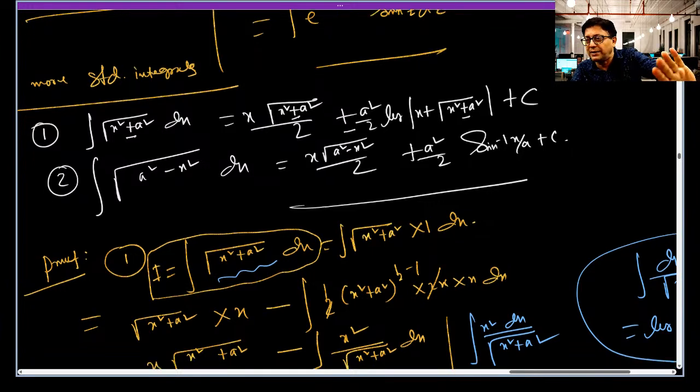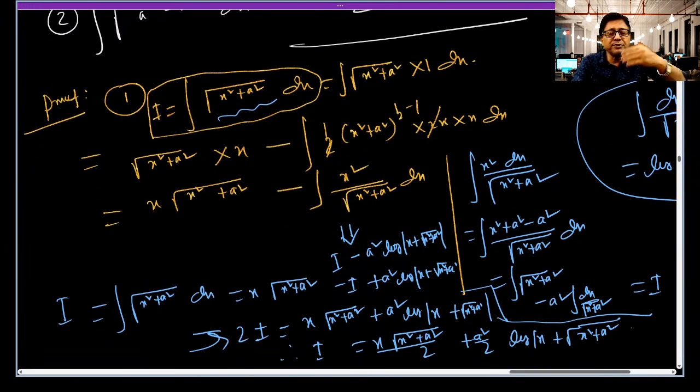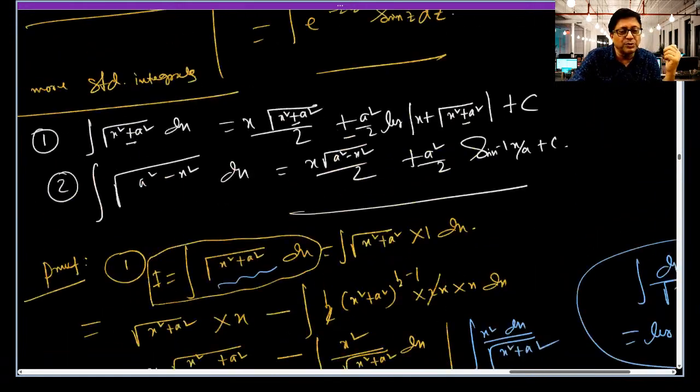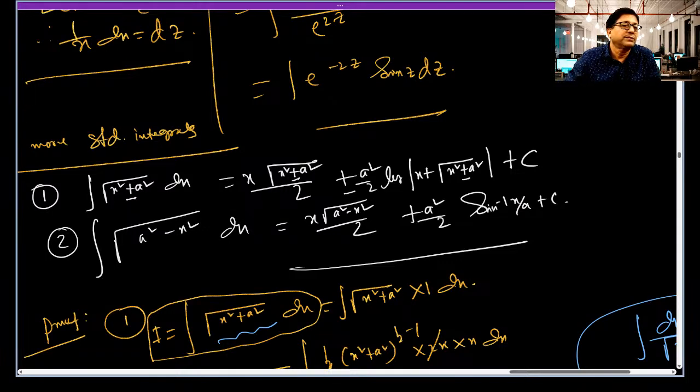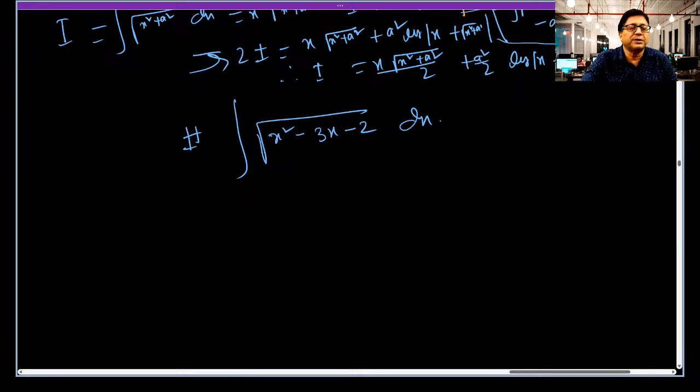The first one I told you, it's fine. Obviously you have the curiosity about how it comes before application. That's why I told you. Try the next one, I mean this one I will not derive. This sum: under root x square minus 3x minus 2.